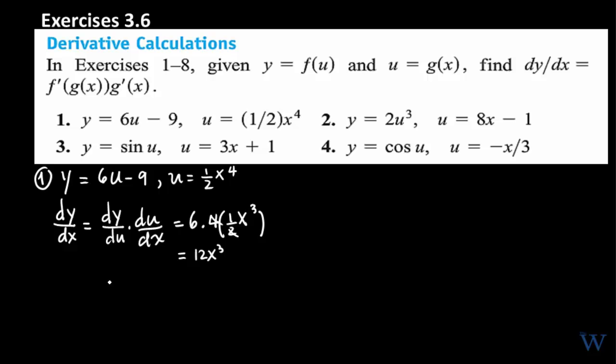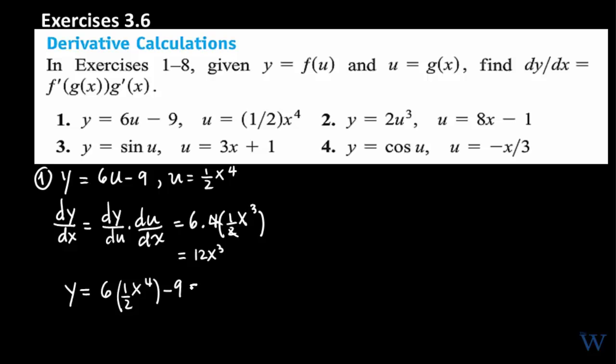Now, what if we want to use just the direct method? In other words, we do the composition first and apply chain rule. So let's write y in terms of x: 6 times, what is u? 1/2 x to the 4th, minus 9.